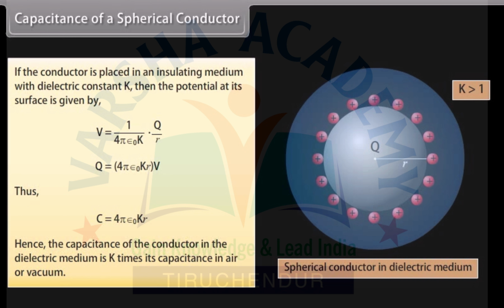Hence, the capacitance of the conductor in the dielectric medium is K times its capacitance in air or vacuum.